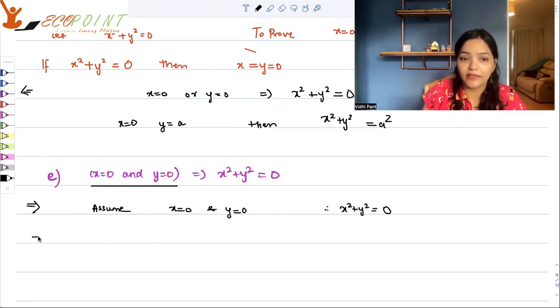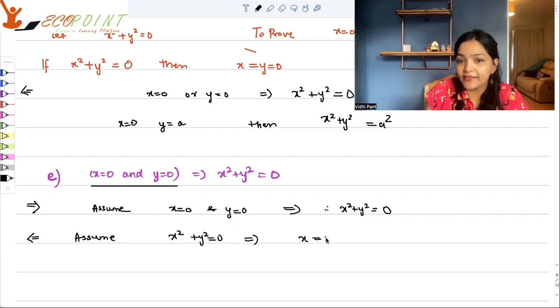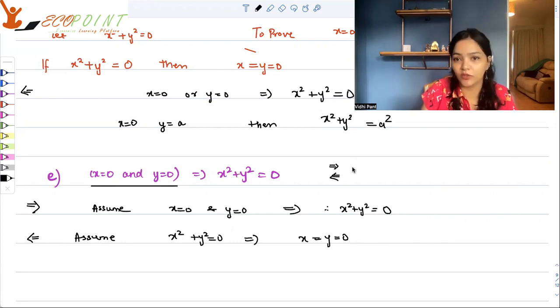On the other hand, if you assume that x squared plus y squared equals 0, that implies x is equal to y equals 0. So x and y are 0. So that means here both the conditions are actually true. Both the implications are true. This is also true and the other way around is also true.